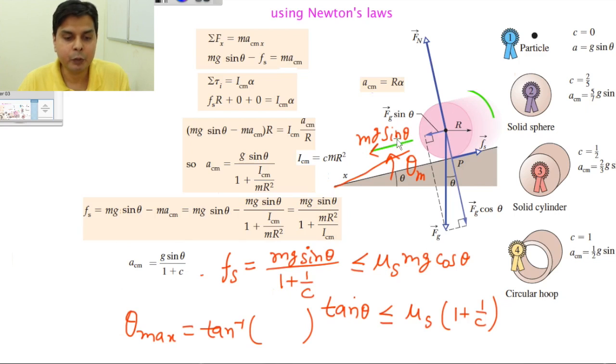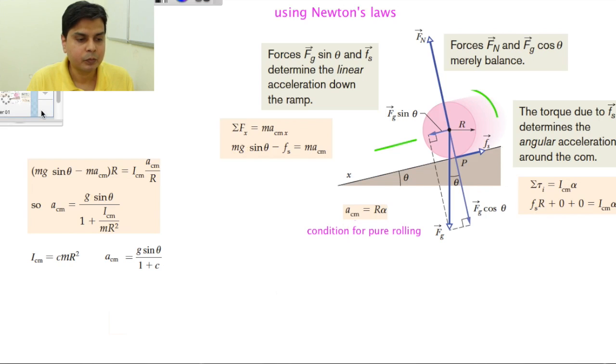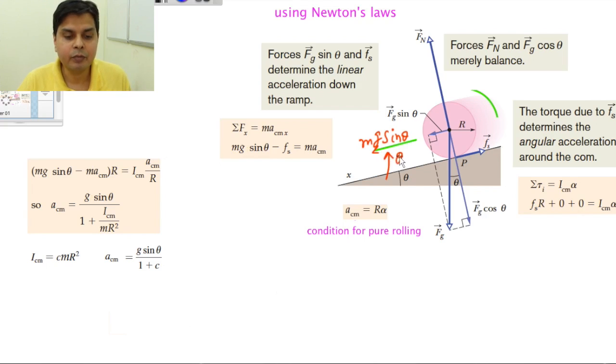That is, it is experiencing a greater force which is causing it to have greater linear acceleration. As I am increasing this angle theta, this mg sin theta is increasing, so the body is experiencing a greater force, and since it is experiencing a greater force, it will have a greater linear acceleration.